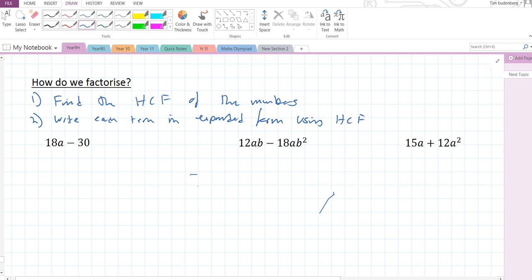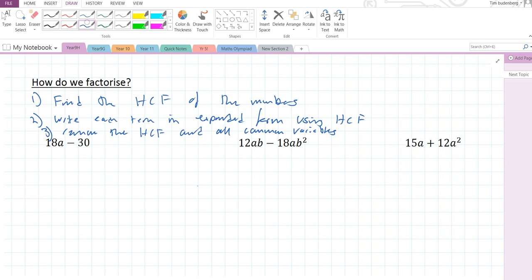I'll show you what I mean in a second. Thirdly, remove the highest common factor and all common variables. That probably makes no sense right now, but hopefully it will by the end.